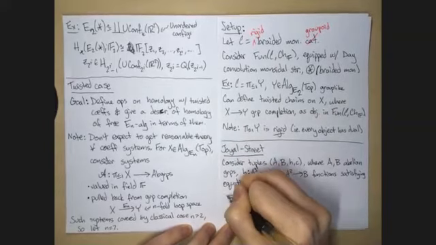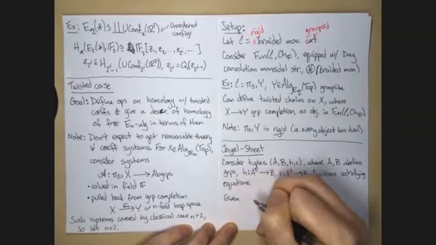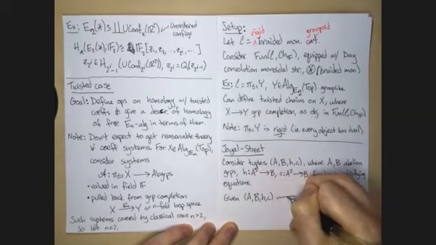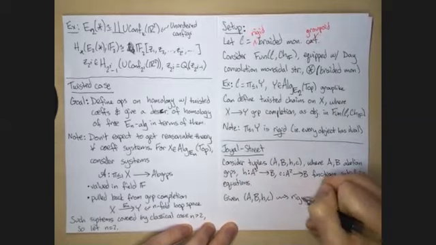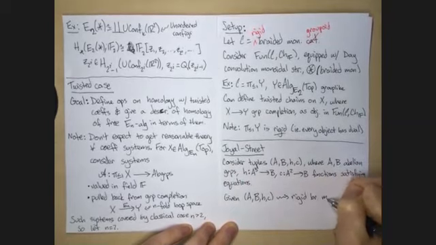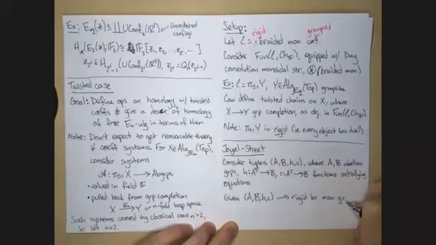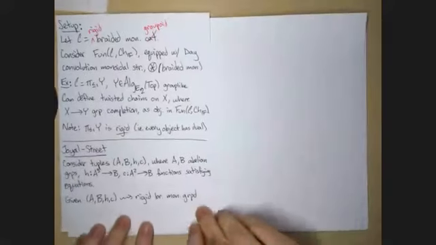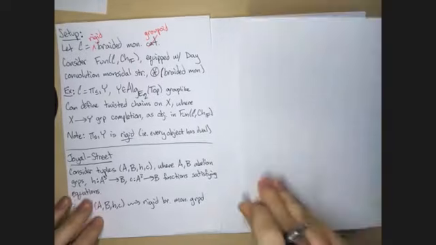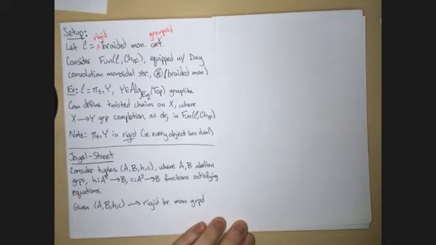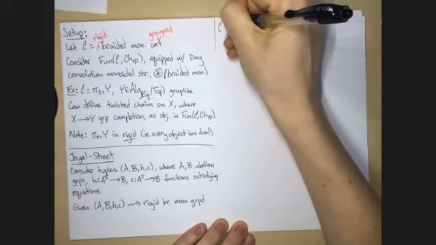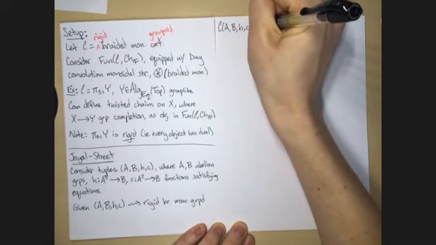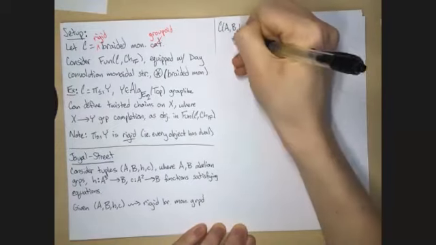But now, given some (A, B, H, C), we can obtain a rigid braided monoidal groupoid. And maybe I'll write that on the next page so we can keep it up for as long as possible. So I'll denote this by C of (A, B, H, C). So this category is defined as follows.